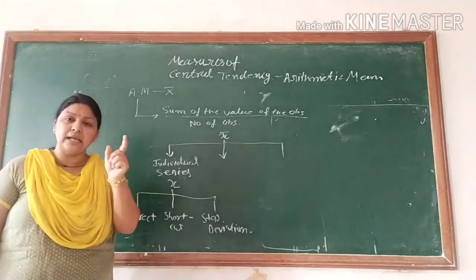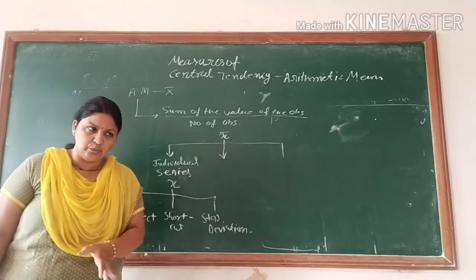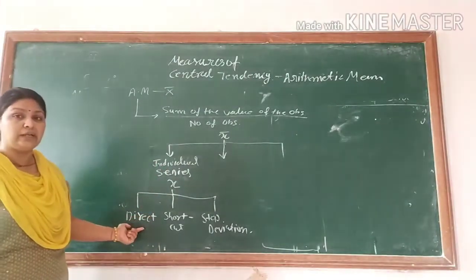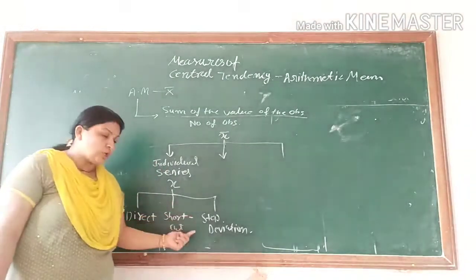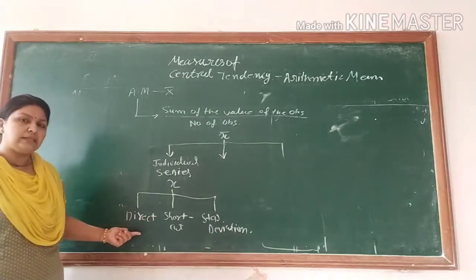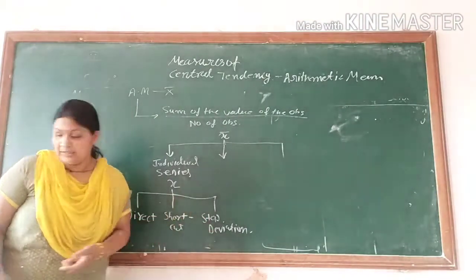Individual series, again I am repeating, it means only observations are given to you. But under the individual series, again 3 methods bifurcate: direct method, shortcut method and step derivation method. Fine? Which 3 methods are there? Direct method, shortcut method and step derivation.